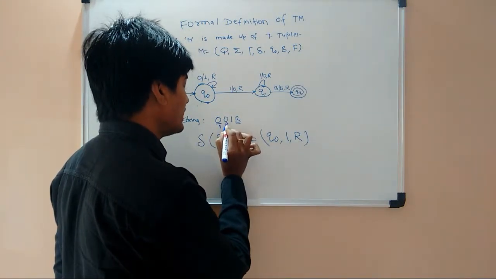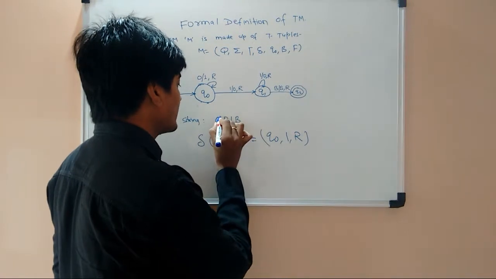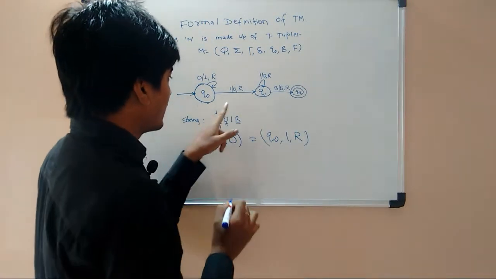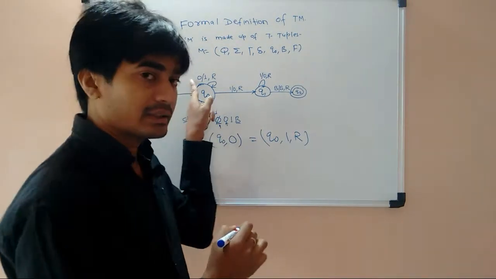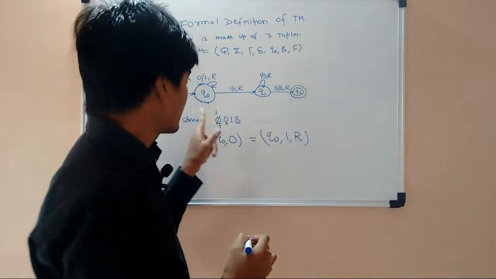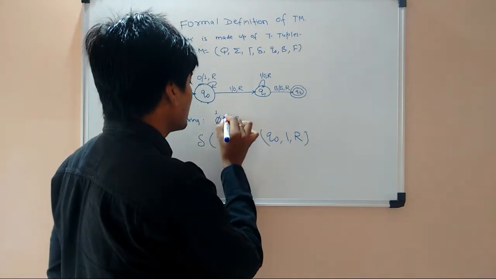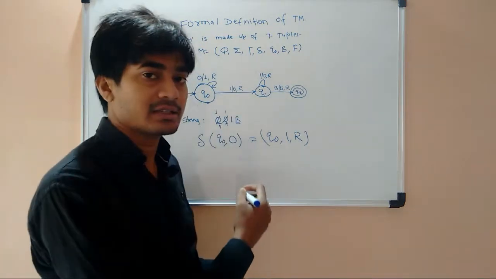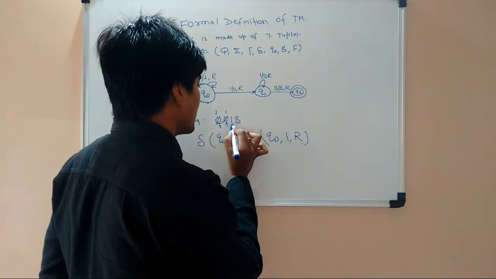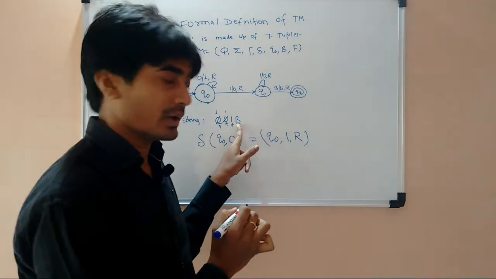Now the head points to the next 0, and it is written as 1. If another 0 comes, on the same state, 0 is once again written as 1 and the head moves right. Now the head points to 1.